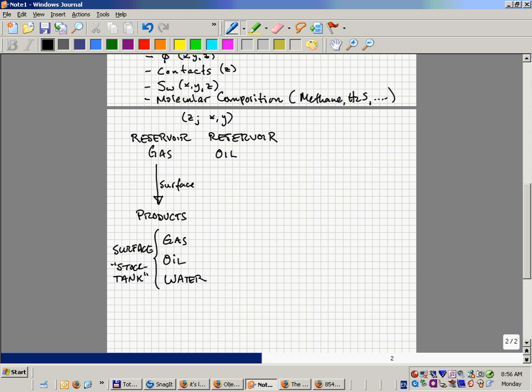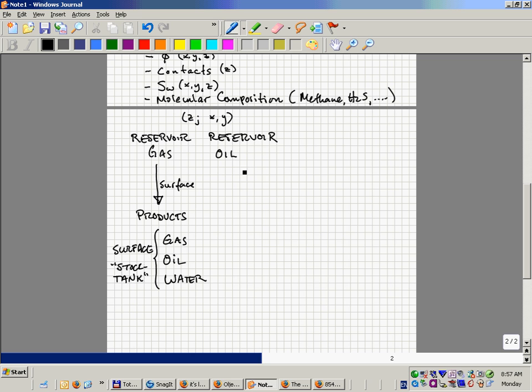If I had a cup here, we could put them in a cup, look at it, stick our finger into it. We can't do that with the oil or the gas in the reservoir. I mean, if we have it in this room, it's in a container at 600 bar, so we can't stick our finger into it. Okay? So we've got surface products, gas, oil, and water, and we've got reservoir gas.